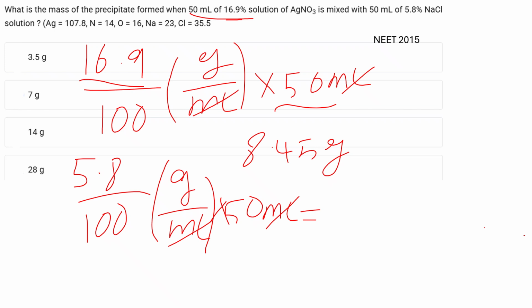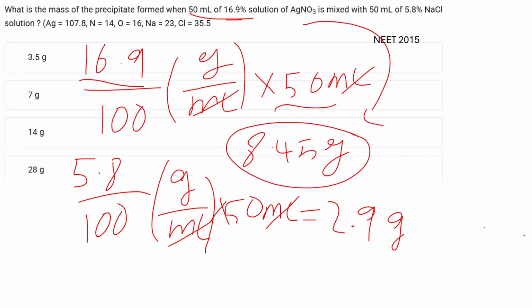We will get 2.9 grams. This is for sodium chloride. They gave 50 ml of 5.8%, and I converted it into grams. That's it. It's very simple. This is just a unit conversion.